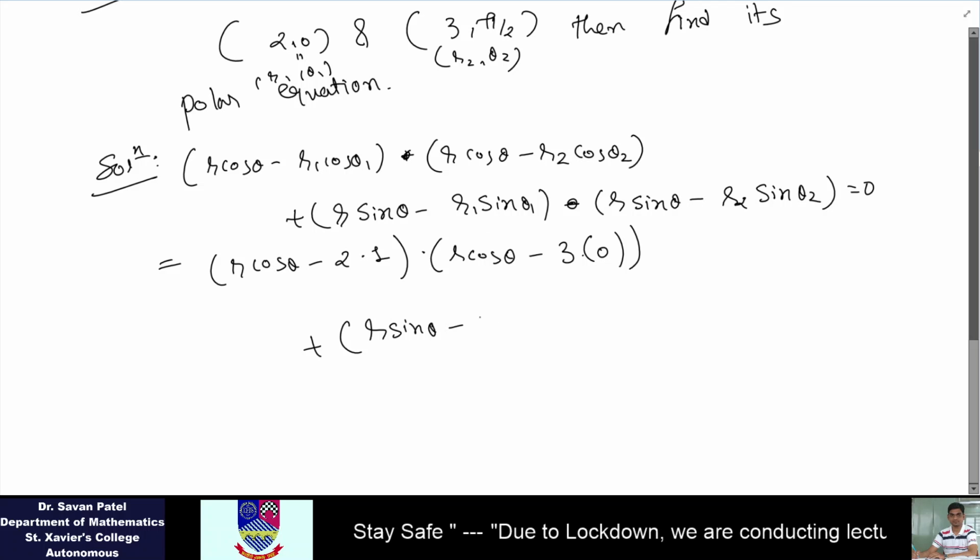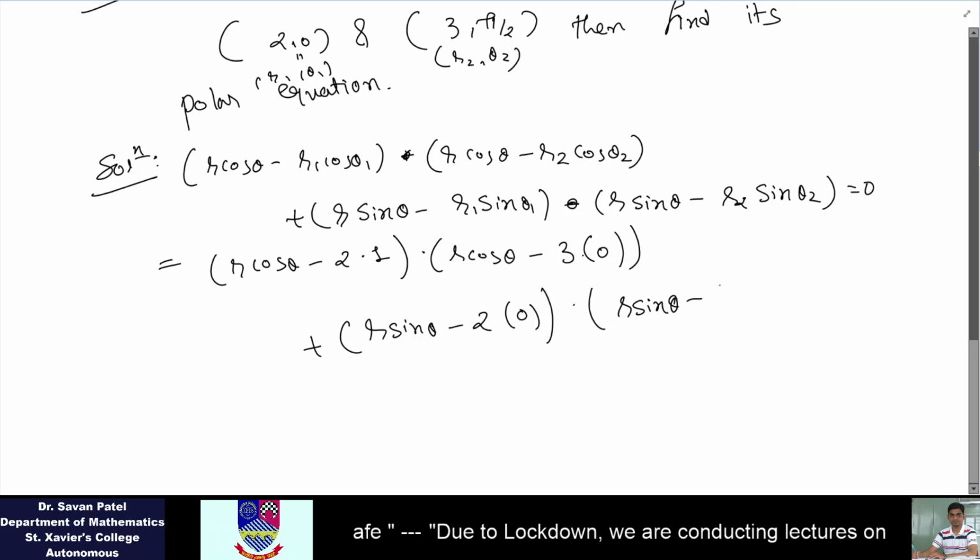So r1 is 2, sine theta 1, that is sine 0, is 0, into r sine theta minus r2, that is 3 times sine theta 2, sine pi by 2 is 1, is equal to 0.